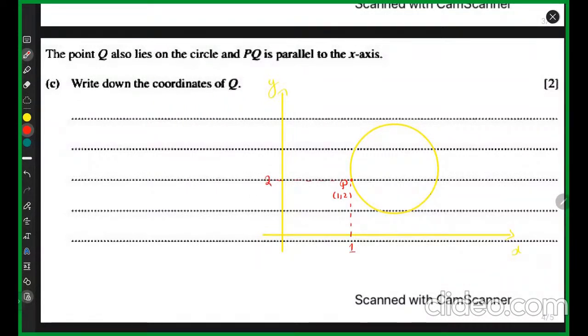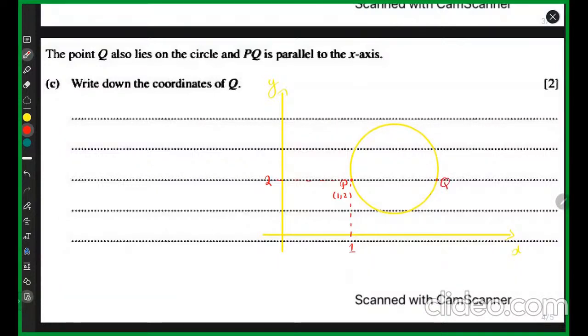Now let's read the statement again. The point Q lies on the circle and PQ is parallel to the x-axis. This means that the only choice I have for Q is right here. I can have Q over here.